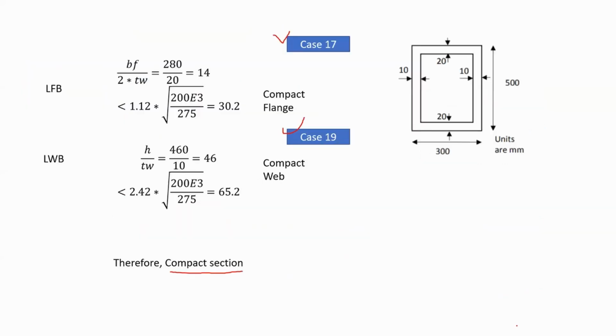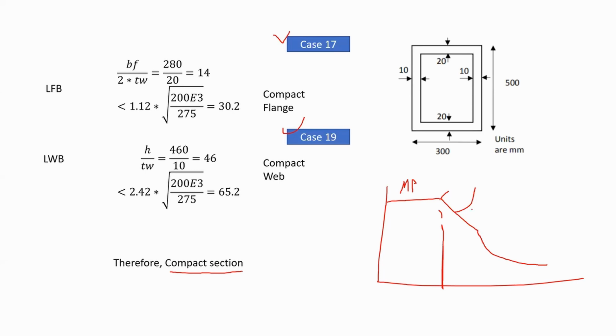Well, no, it would be different. You have to consider the equations based on this diagram or plot, where you have here Mp, here you have another value, you have another equation to find the moment capacity, and here you would have another value for the moment.